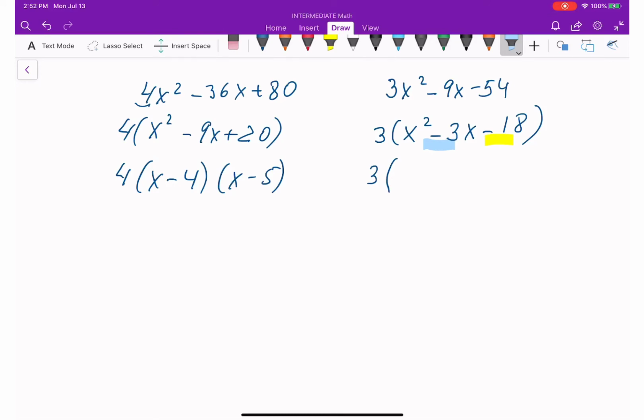Negative 6 times positive 3, it's negative 18. And negative 6 and positive 3. Negative 6 plus 3 is going to be negative 3, right? Okay, so we will get x minus 6, x plus 3.